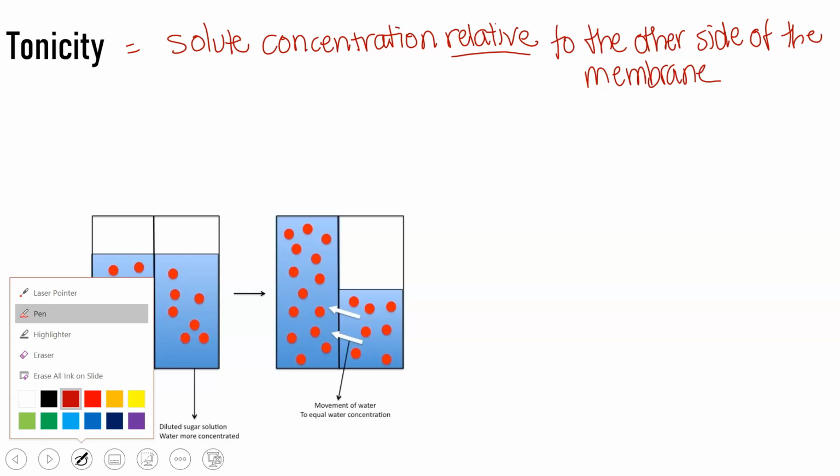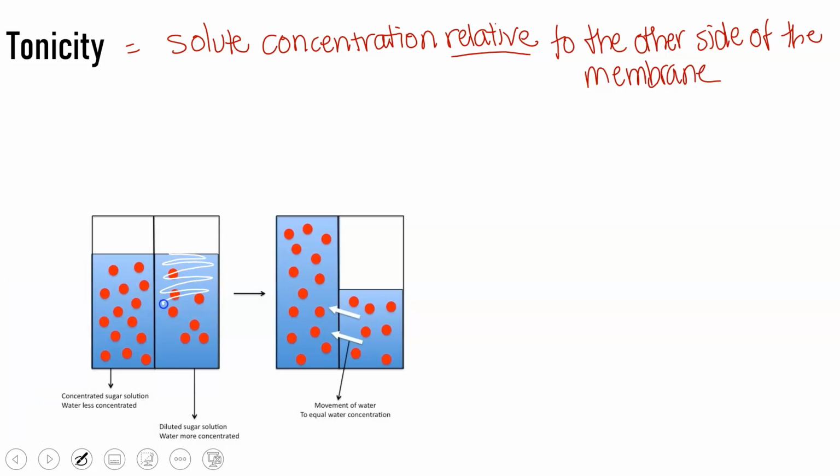So let's say you weren't given both sides of this. Okay, let's say you just had one container right here. Okay, you couldn't say that this has a high or low concentration because you have nothing to compare it to. It's only when we compare this side to this side that we can say that one side has a higher concentration. And one side has a lower concentration. It only works if you've got a comparison.